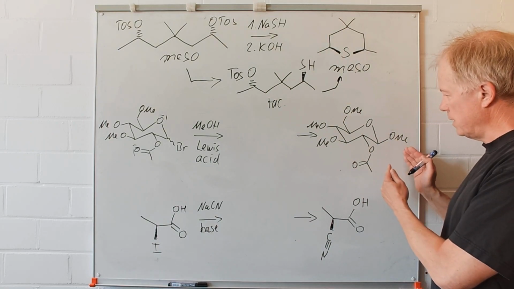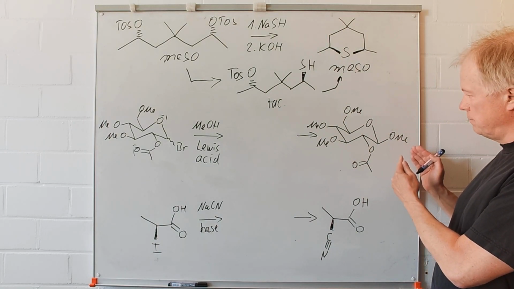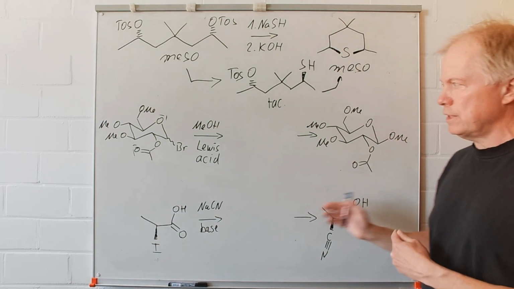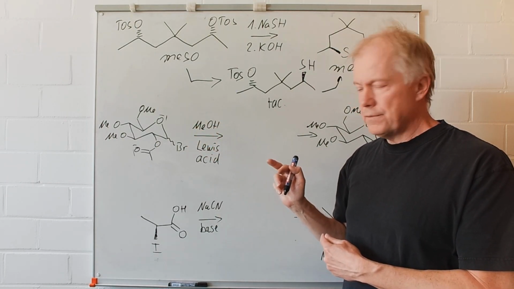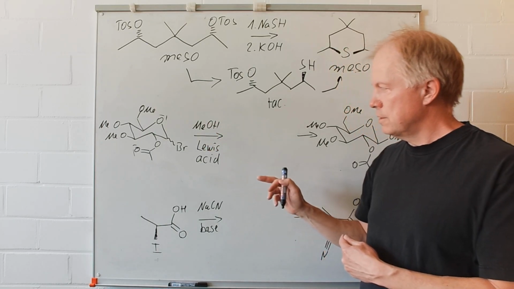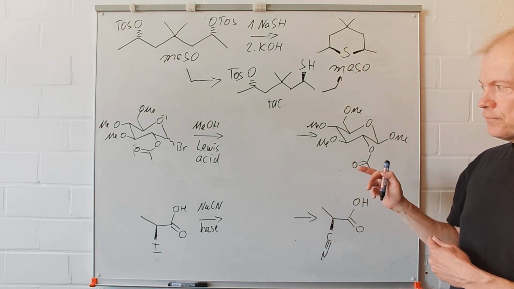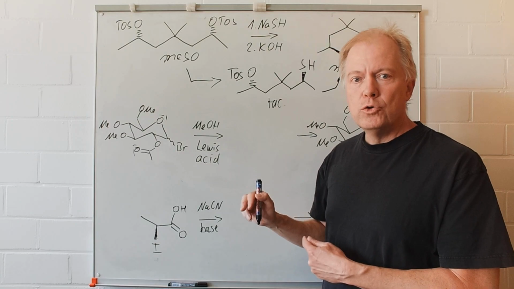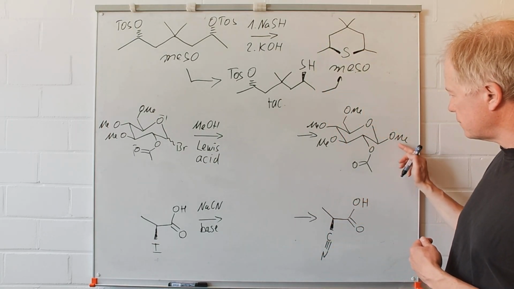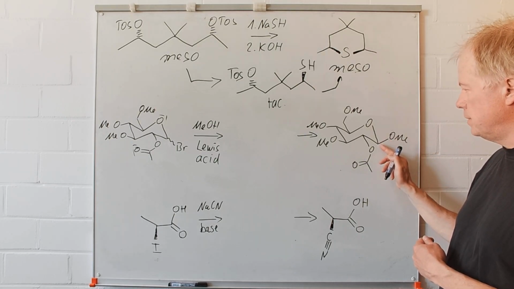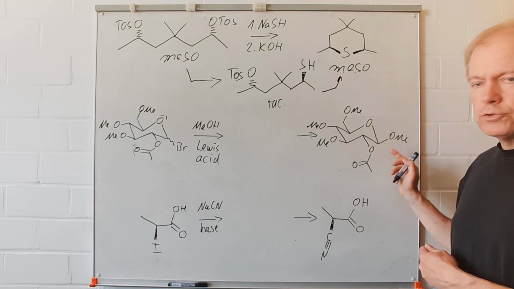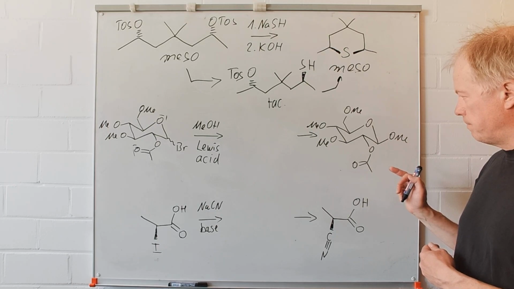As the product, we will receive the substitution product substituted by methanol, by methanolate, and catalyzed by a Lewis acid. And the methoxy group will be exclusively in an equatorial position.